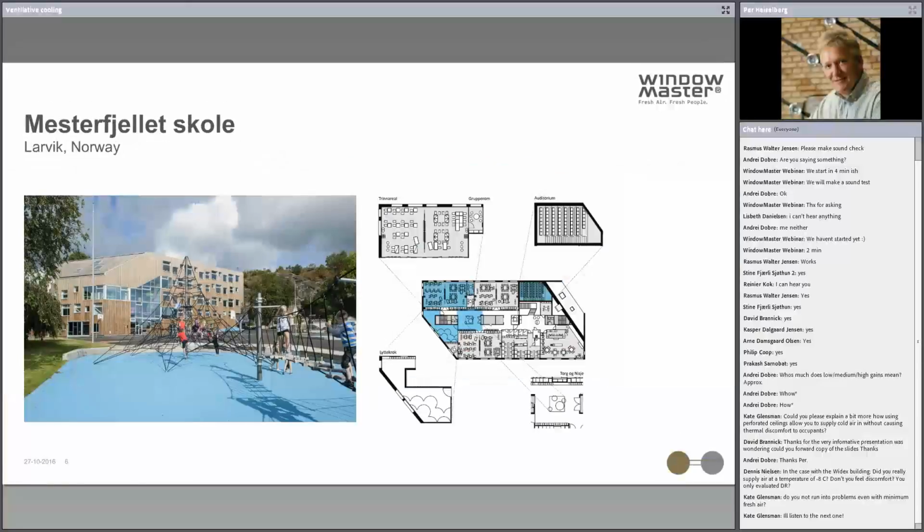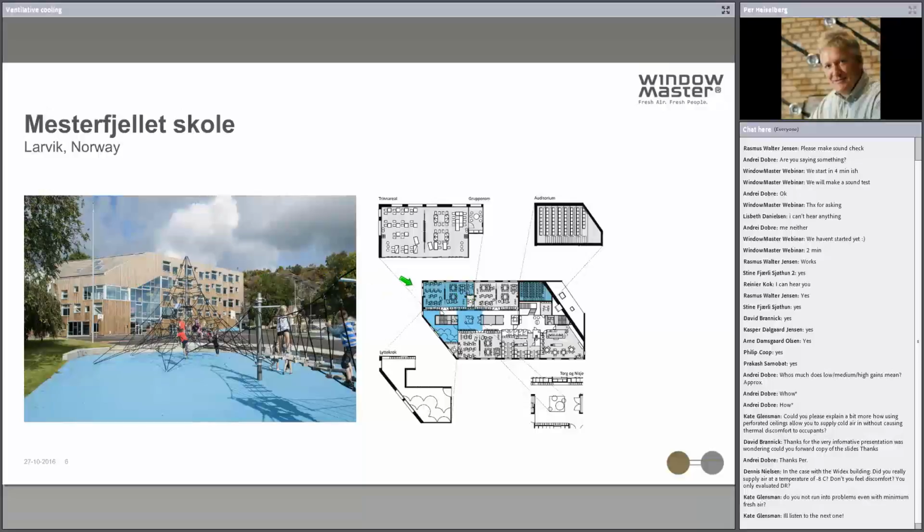If we start with the first one, this is called Mesterfjellet Skole, and that's located in Norway, actually in Larvik. For those of you who are not familiar with Larvik, it's roughly 100 kilometers south of Oslo, if that gives you any idea of where we are located. This is the school building, as you can see here in the background.